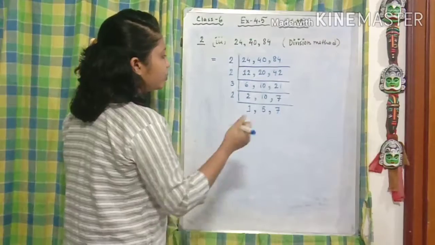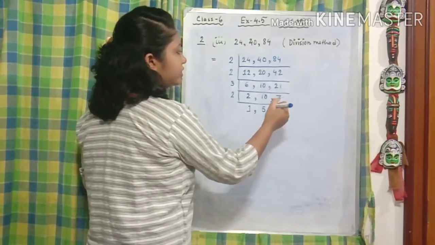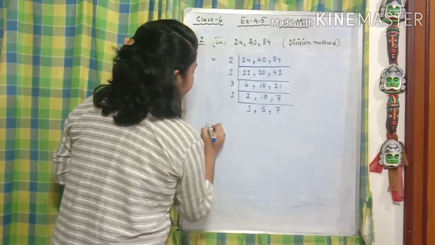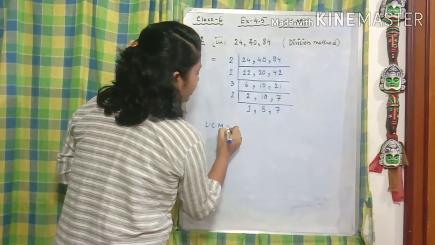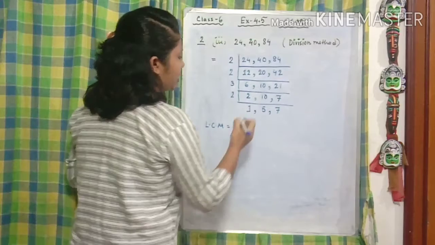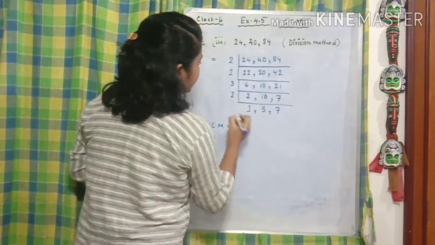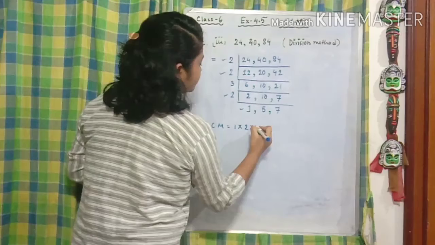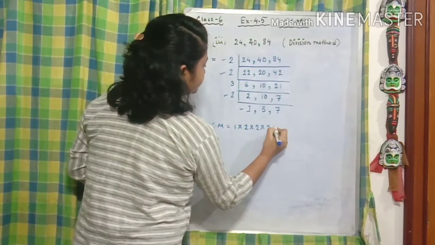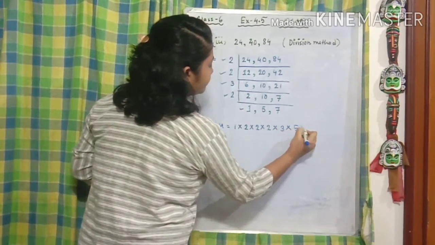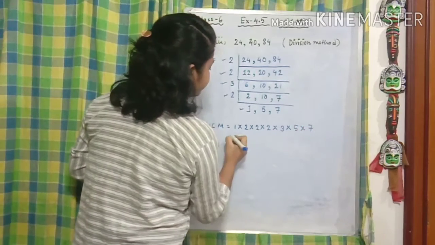So what we are going to do is jot down all of the factors together and multiply them. That will be the LCM or lowest common multiple. We start with the least one, that is 1 into 2 into 2 into 3 into 5 and 7.